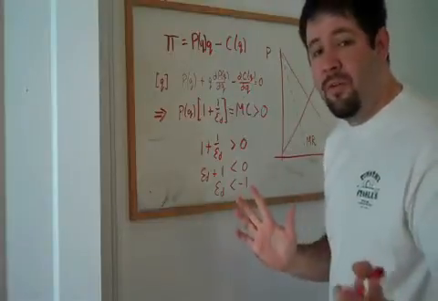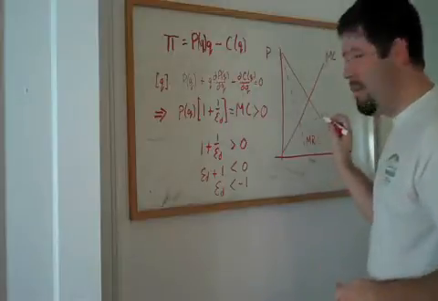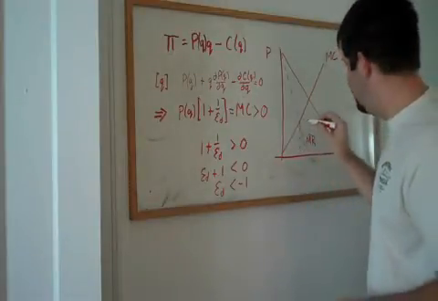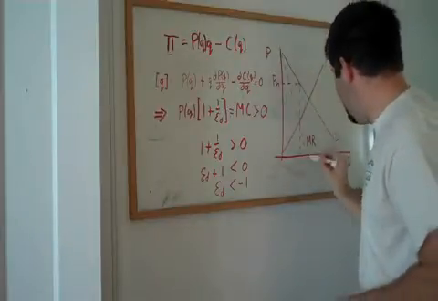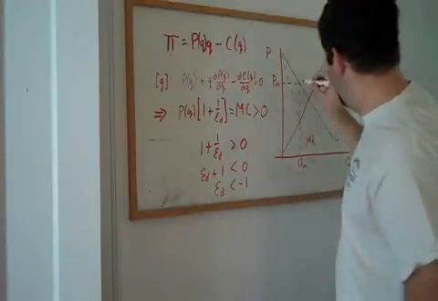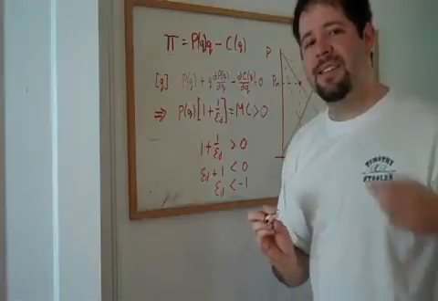So if we go over to the graph to see where this applies, remember that the quantity is set where marginal revenue equals marginal cost, and the price is set up here. What this means is that this point here must be a point at which the demand curve is elastic.